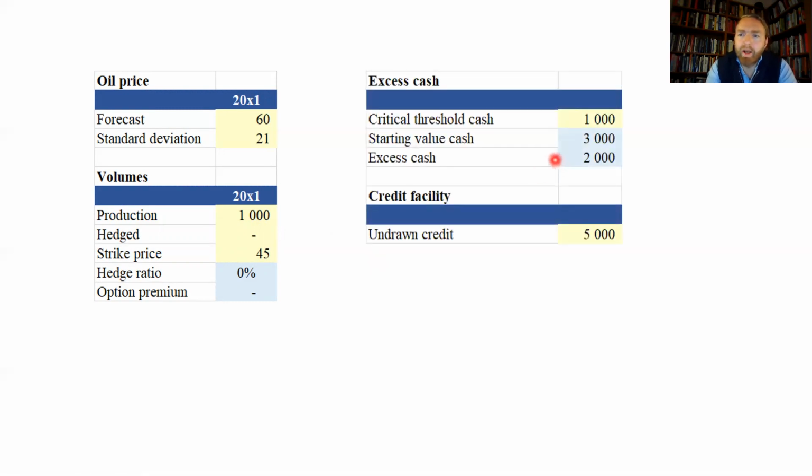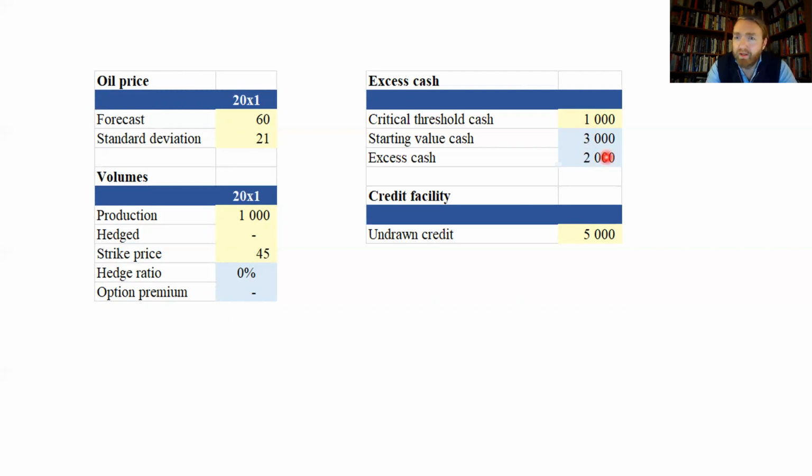We have some risk capacity before considering derivatives. 3 million here going in. Some of that will be considered operational, tied up to the business, and we really need it at all times. Some liquidity to just function, cash inflows and outflows need to be dealt with. So let's say we won't go below a critical threshold of 1 million here, leaving 2 as excess cash.